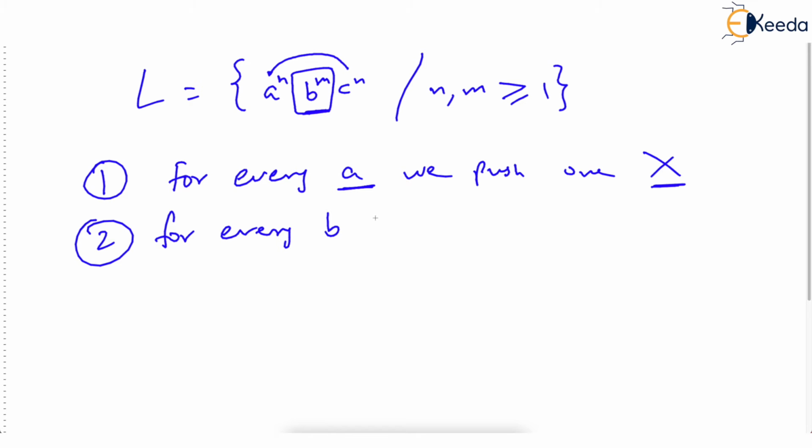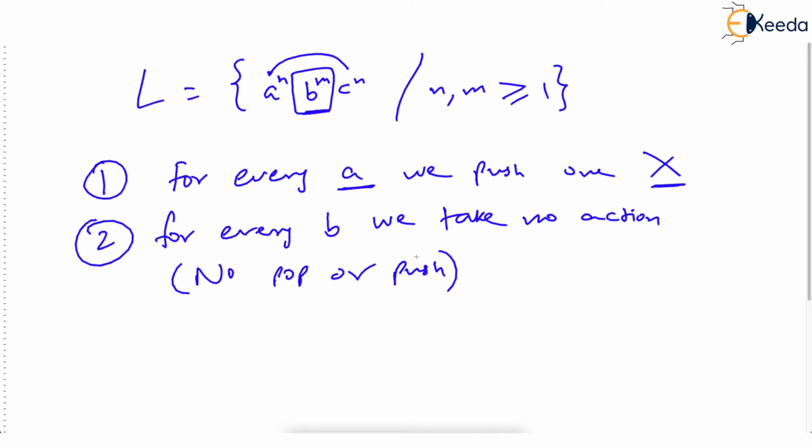So for every B, we take no action. That means there won't be any pop or push. The stack will remain unchanged.